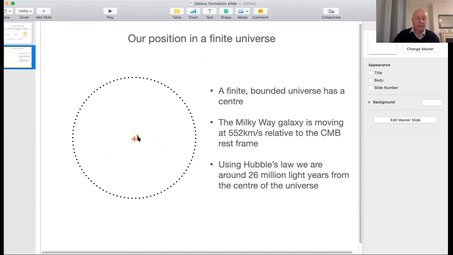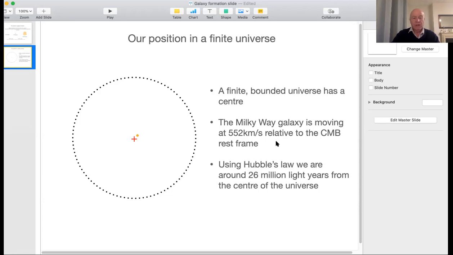And the Milky Way is represented here, again, not to scale, but we know that the velocity of the Milky Way is around 552 kilometers per second relative to the cosmic microwave background rest frame.